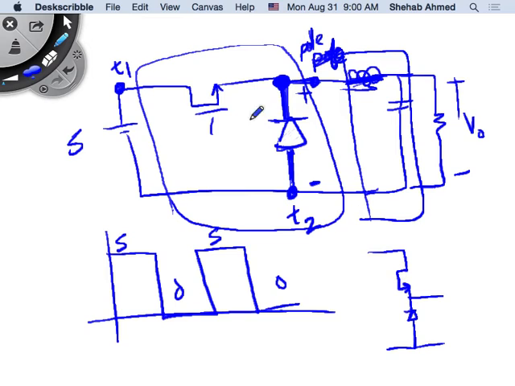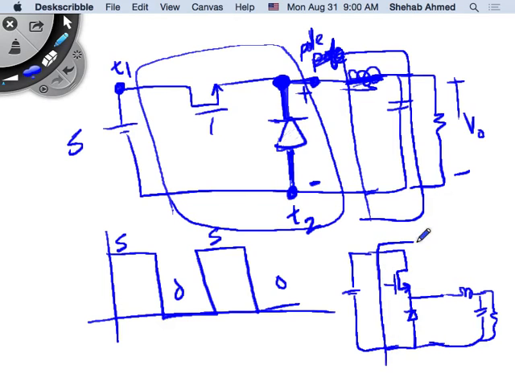Here's the same, I just redrew it in a different fashion. This is my power supply, this is my inductor and capacitor, and load. Same. And this block here, people typically call a switching power pole.